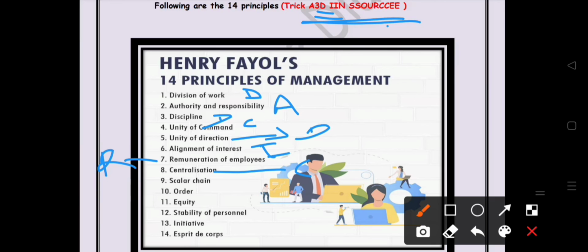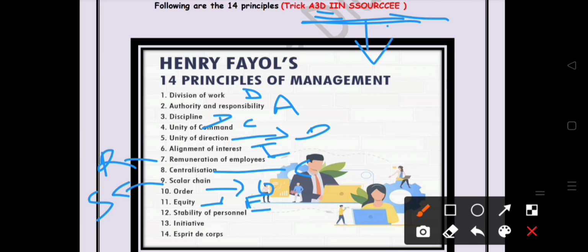Then next thing is scalar chain. S stands for the scalar chain. Then the principle of order. We have one O over here, so O stands for the principle of order. Then E is for the principle of equity. So here E is for the equity.